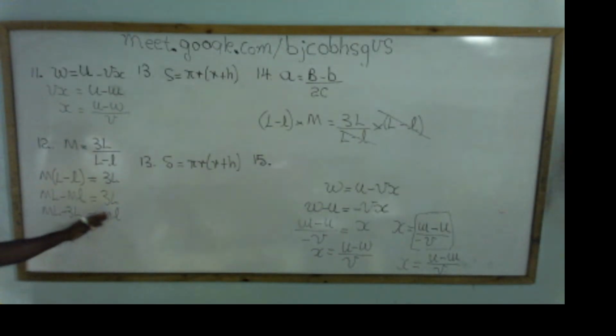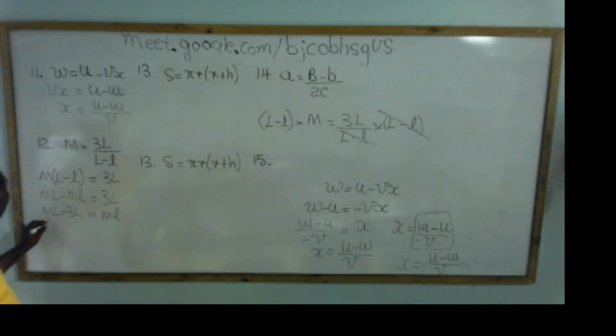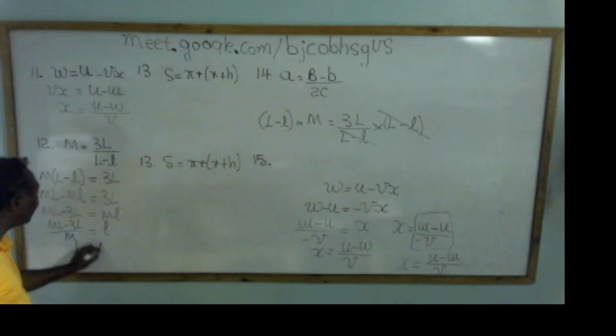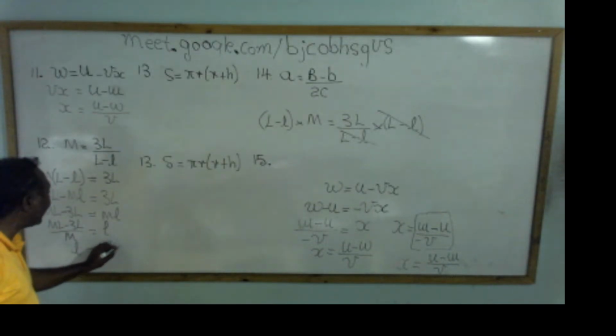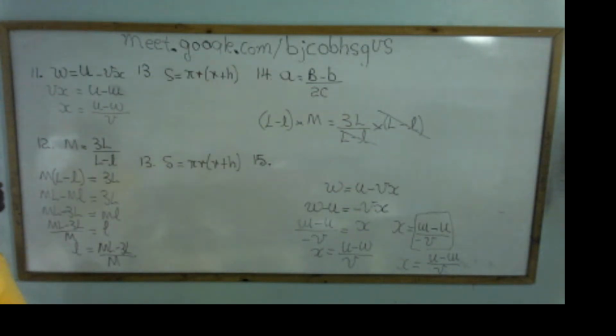And then what do we do? The same thing that you have been telling me a few minutes ago that we should do, which is divide by m. So we divide by m now. So ml minus 3l over m is equal to L. So L is equal to ml minus 3l over m, which is what you said that we should do.